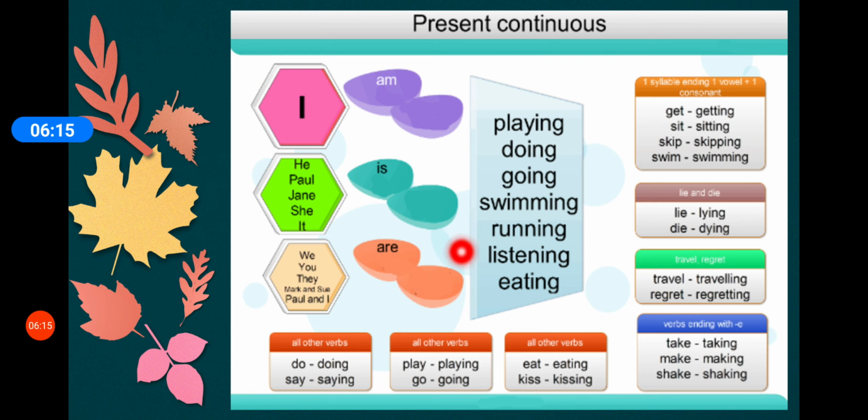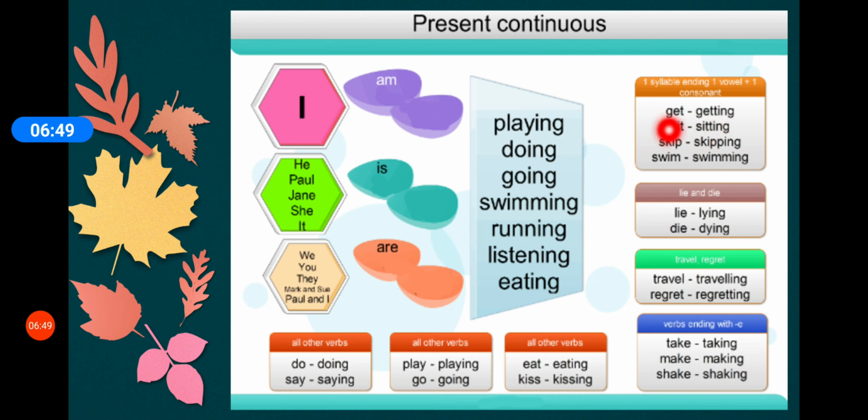Now, apart from being particular about is, am, are, we have to be very sure of the spellings of the verb when we add ing to it. Right? In some of the spellings, you might have noticed we have doubled the last alphabet. In some of them, y is added. So let's have a quick look at these rules. Now when we have a vowel and a consonant, the last alphabet gets doubled.